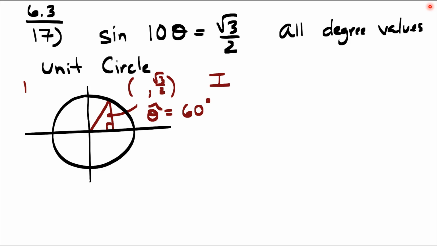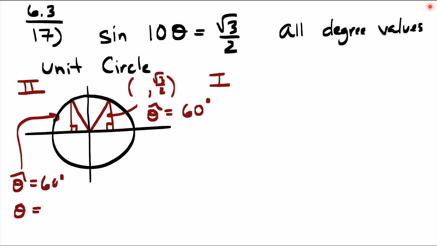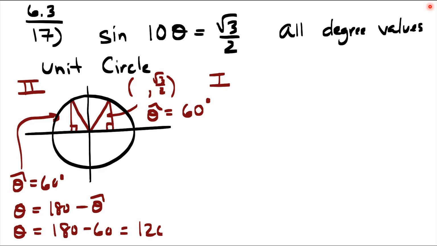Sine is positive also in quadrant 2. So I make my little triangle there. My reference angle is going to be exactly the same. So my angle measurement is going to be 180 degrees in quadrant 2 minus the reference angle. And I got myself 180 minus 60 is equal to 120. Okay. I think we are good there.